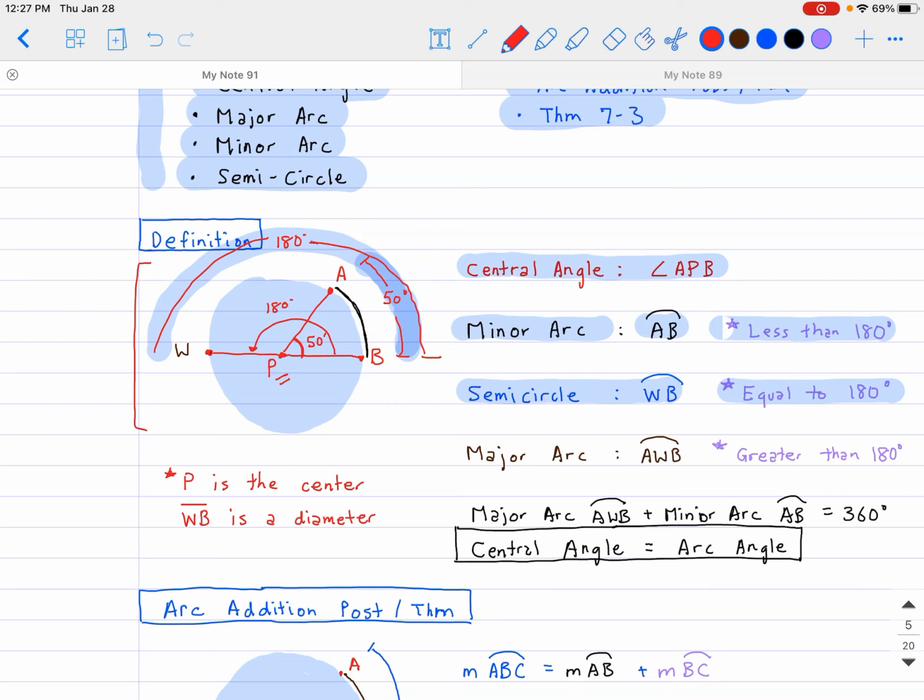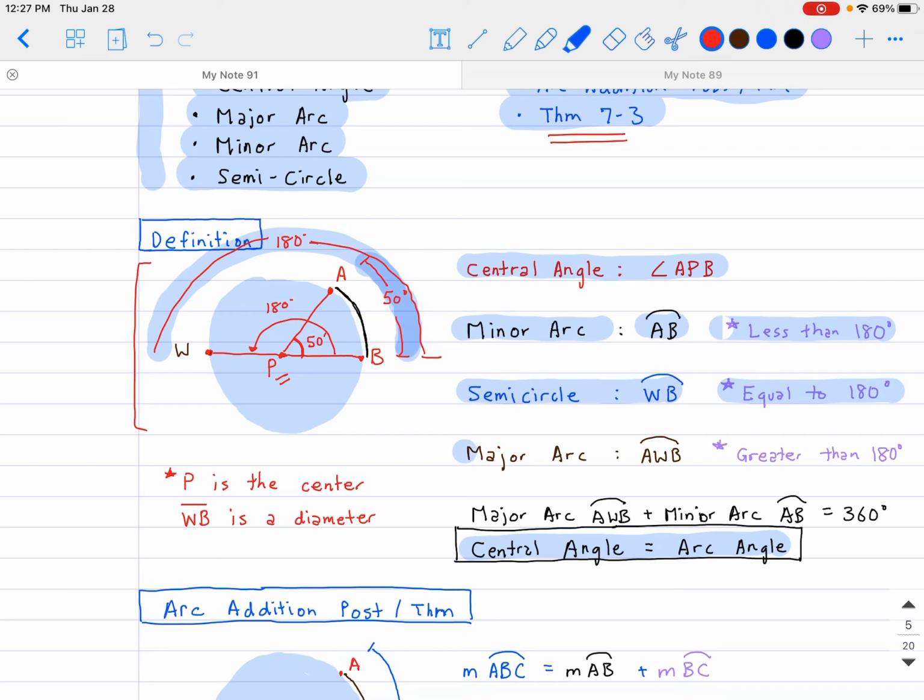In essence, the central angle and the arc angle are one and the same. And that is your theorem 7.3. Not much of a theorem, I guess. It's more like a postulate in a way because there's really nothing to prove. But anyhow, keep the ball rolling.